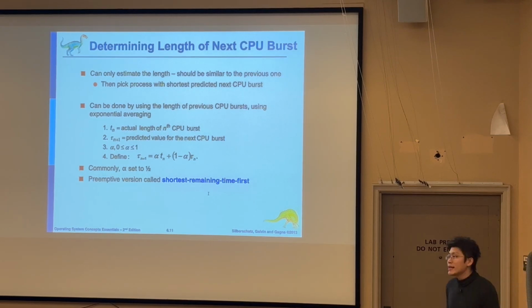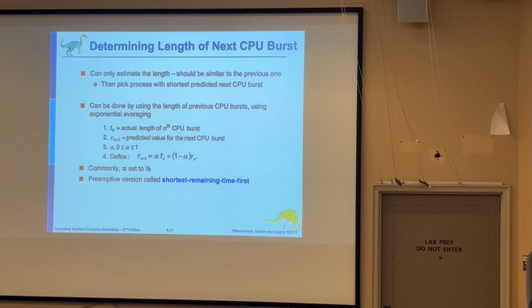So this is one example of how people use the history of execution to predict the future CPU burst. And in many use cases, people do use this algorithm. So the difficulty of SJF is that you need to predict the future. You need to estimate the length of the next CPU burst.